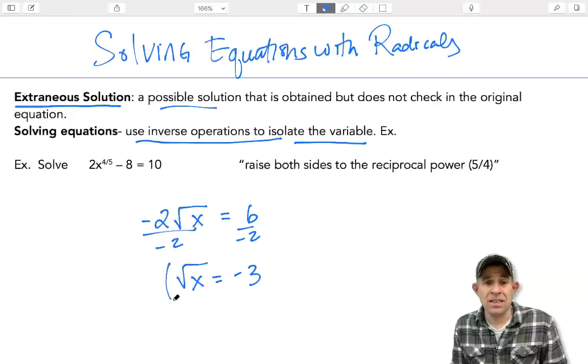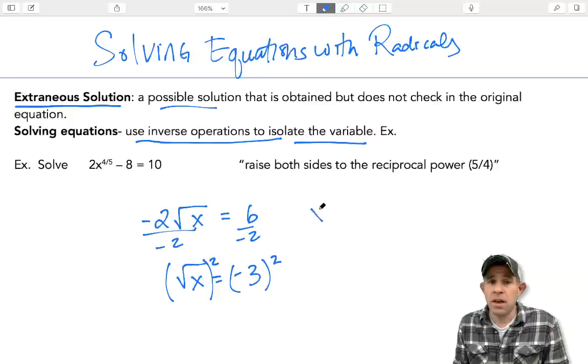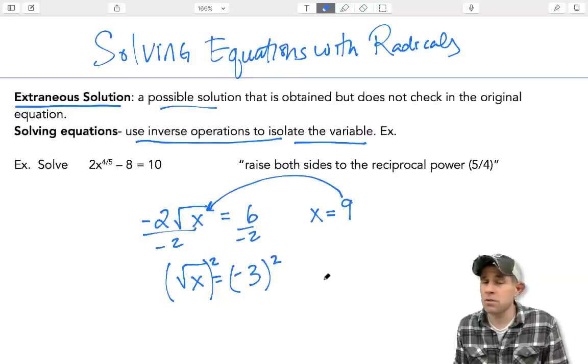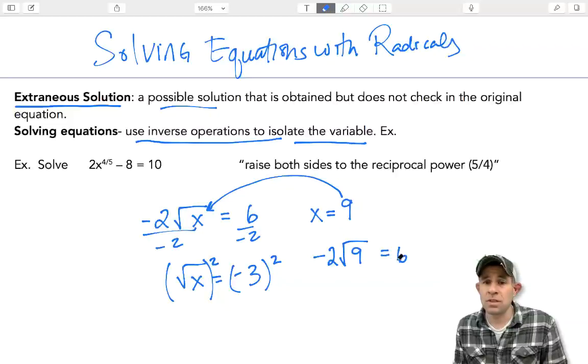Now, if we were to continue solving this, we're going to undo the square root by squaring. What you do to one side, you got to do to the other side. So we would square both sides, and we'd end up with x is equal to -3 squared, which is 9. Now, if we take that 9 and substitute it back into our original equation for x, we would end up with -2 times the square root of 9 is equal to 6.